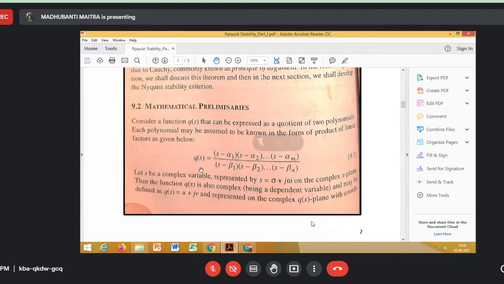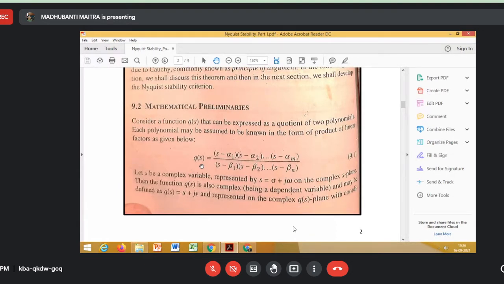Let me repeat the question. What was the statement? For any value of S, we will get a value of Q(S) and the value will be complex. If S is equal to any of alpha 1 to alpha m, then it will be equal to 0.